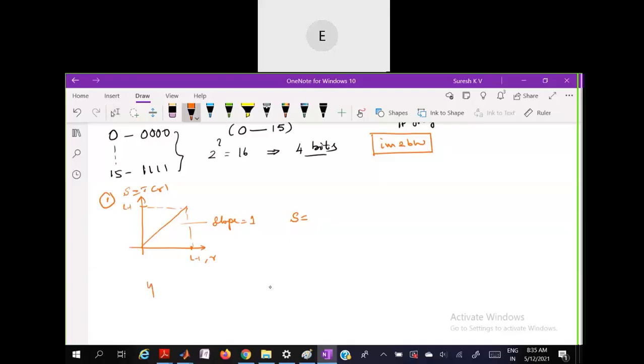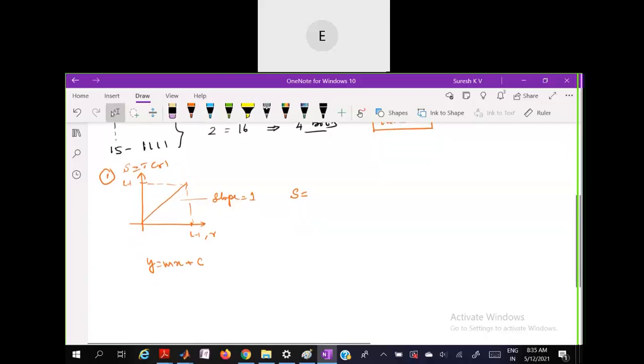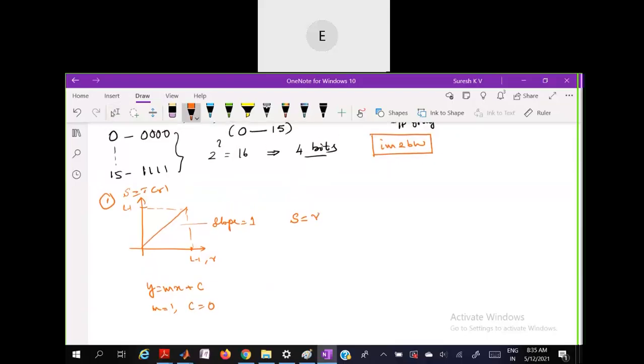The equation for a straight line is y equals mx plus c. What is the slope of this line? 1. So m is equal to 1. What is the constant? It is a line passing through the origin. 0. Yes, correct. So the constant is 0, m is 1, y-axis is S, x-axis is R. So what is the equation?